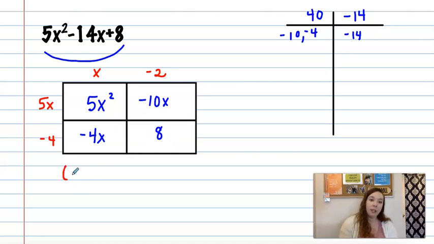So my final answer here is 5x minus 4 and x minus 2. This, if you multiply it back out, will give us what we started with. Okay, so we don't actually include this 40 anywhere in our box. We're just using that 40 to find our two middle terms. Okay, and if I were to multiply this back out, like I said, I should get what I started with.